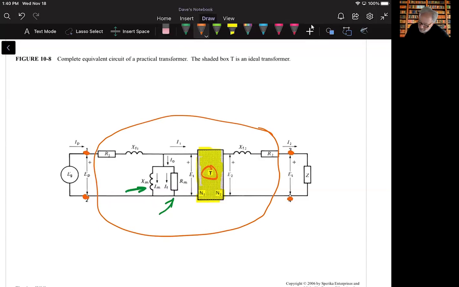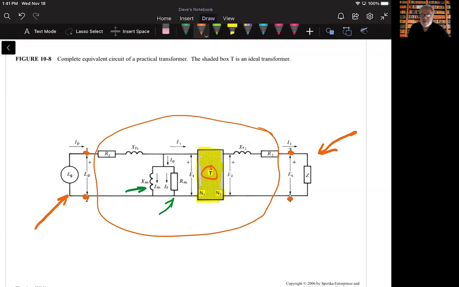Once we know the characteristics, we can connect a voltage source on the primary side, and we can connect a load on the secondary side. That's all we can do in terms of modeling this thing, and this is all we have accessible.